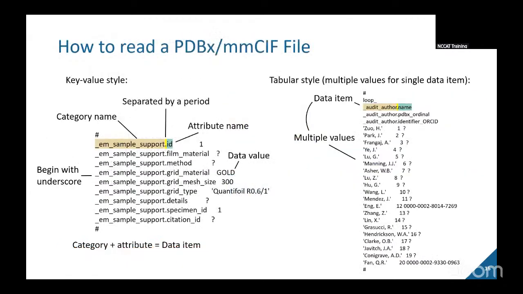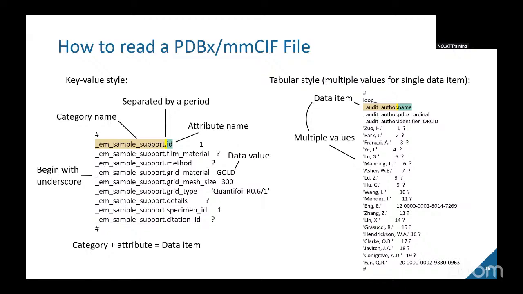So how do you read a PDBX/mmCIF file? What does it look like on the inside? The core of the format is built around these data items. They follow very simple structures. You see here you have a category name and an attribute name separated by a period. I'm showing the EM sample support category. Notice how each line begins with an underscore, and each line is a data item that contains a single piece of metadata.